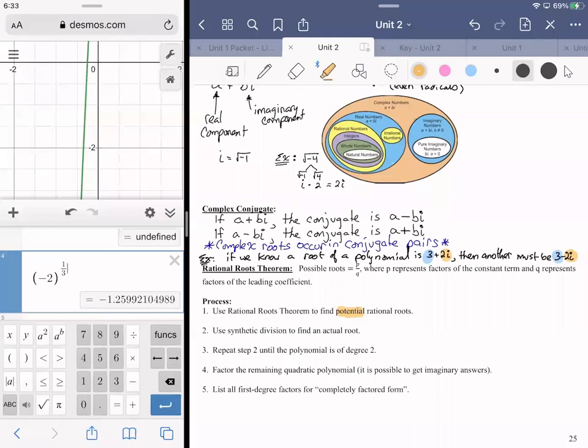We'll use synthetic division to investigate and determine whether they are actual roots. And then we'll see if we can get our original polynomial down to a second degree polynomial, degree 2, because once we do that, then you have other methods for finding roots: factoring, completing the square, and quadratic formula.